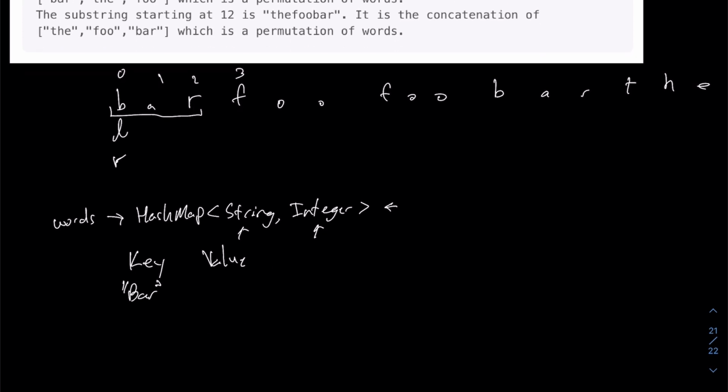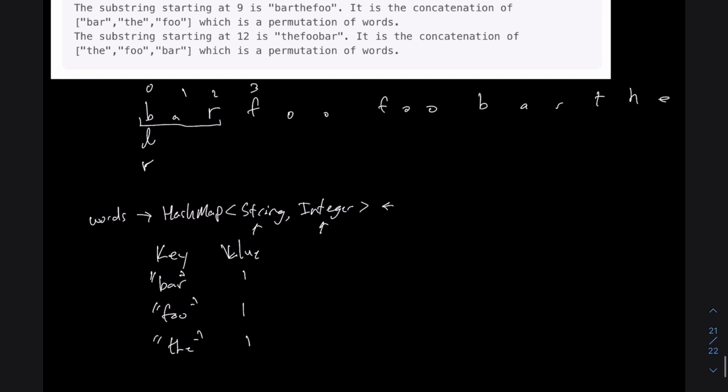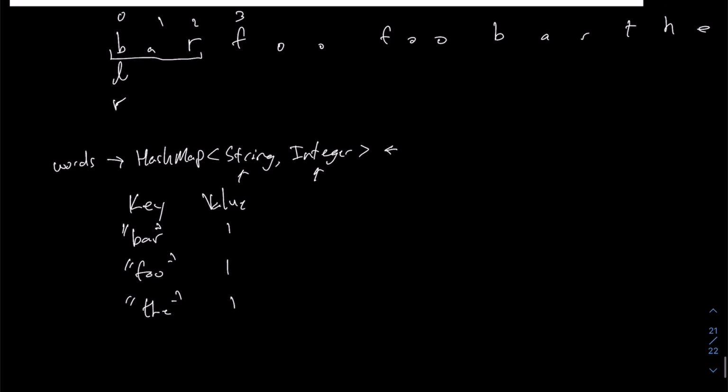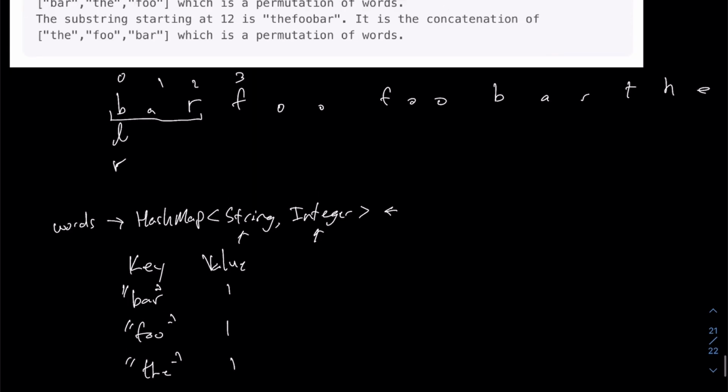The key is bar, of course it's lowercase characters. Bar, foo, and the, each 1, 1, 1, right? And if our hash map ends up being empty, then we know we've created a full sequence. We're doing it backwards because it's easier that way, because we can instantly figure out with dot size whether our hash map has any more items left.